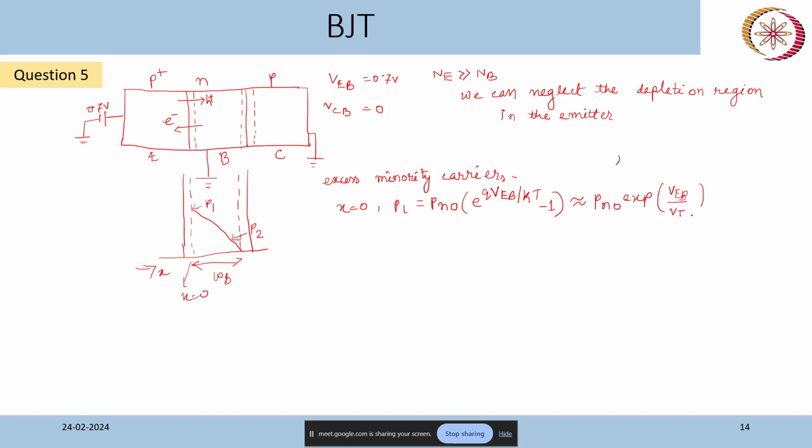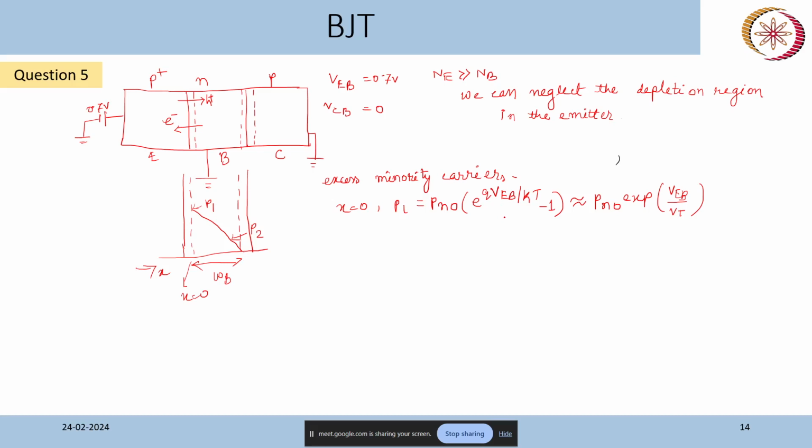How can we determine the excess minority carriers at the junction edge or the depletion region edge? This kind of equation you have already observed in the derivation of diode current.